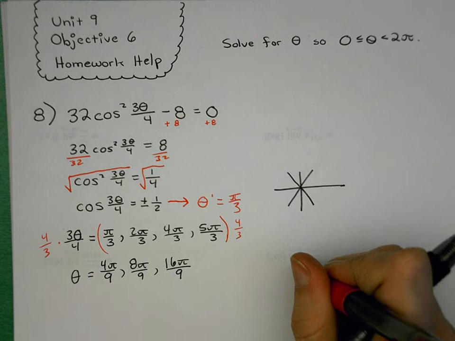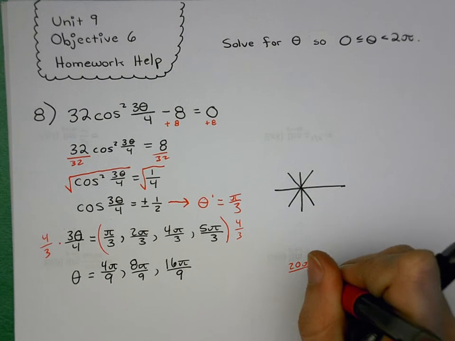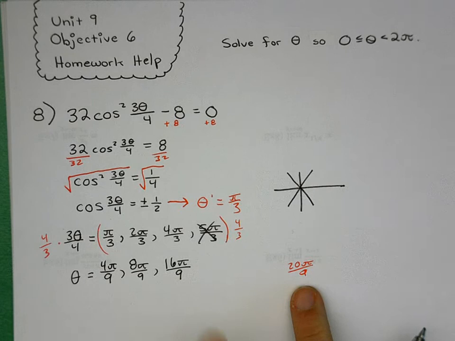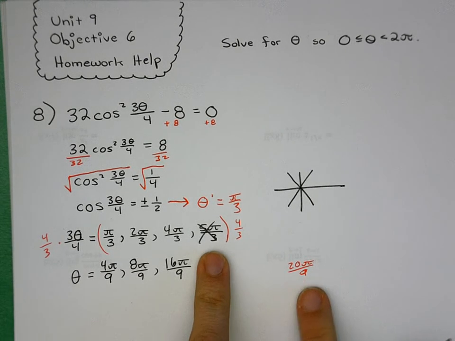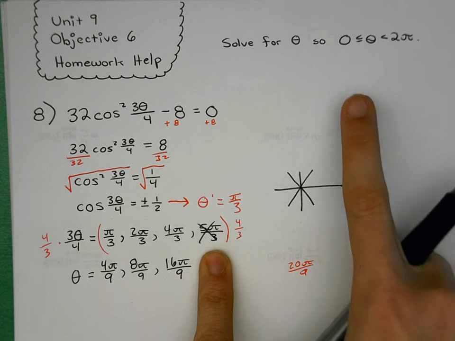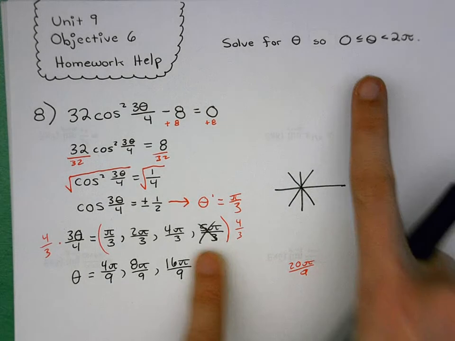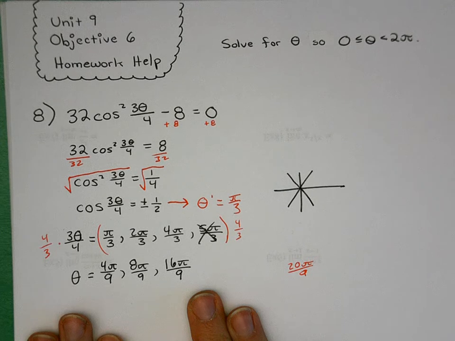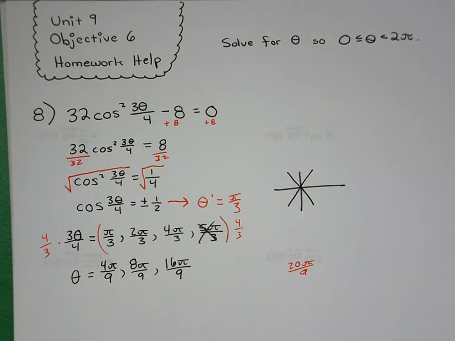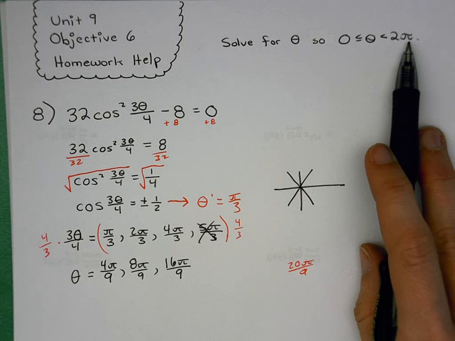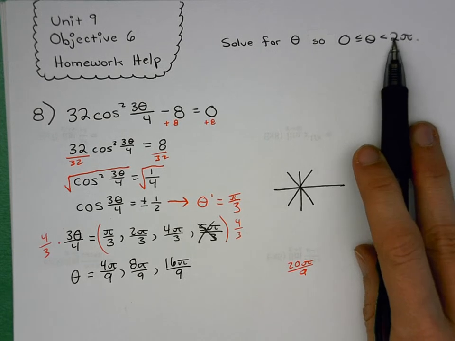Right, let me write that over here just because I do tend to cross off the 5 pi over 3, but if say you'd written over here 20 pi over 9, well, remember that our domain is only those angles between 0 and 2 pi for theta. So if you include this 20 pi over 9 here, you're saying that theta could equal 20 pi over 9. But the maximum theta can equal is 2 pi, and actually theta can't even equal 2 pi.